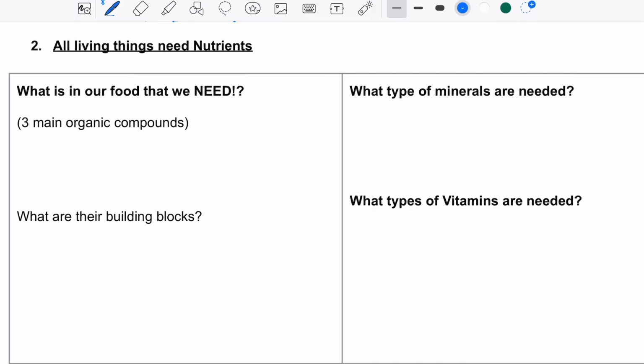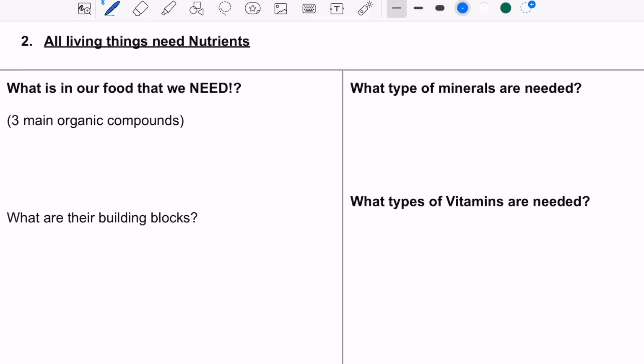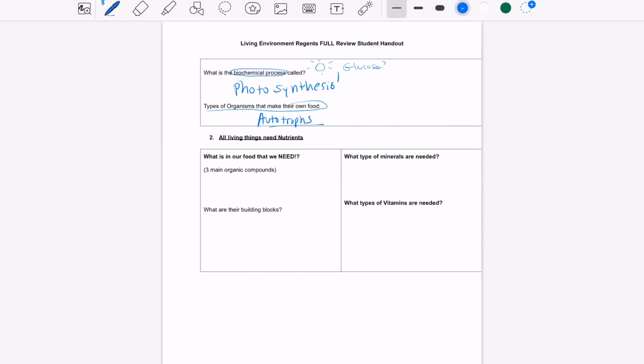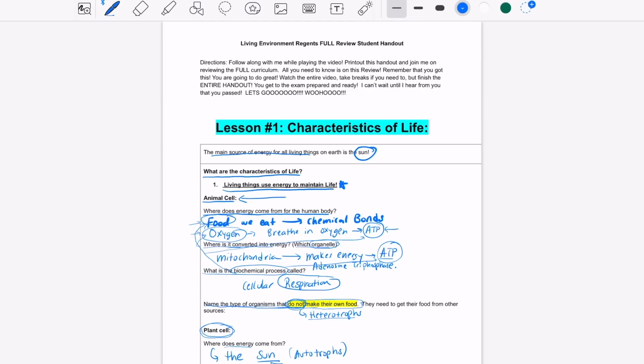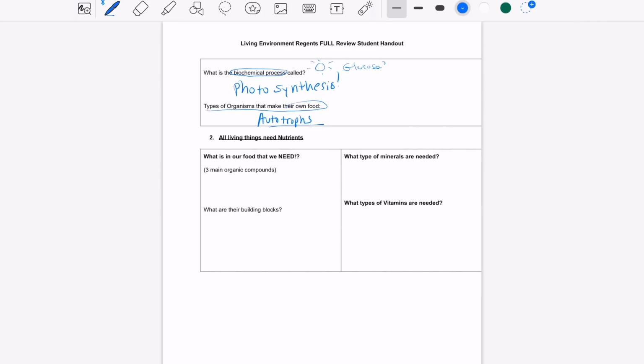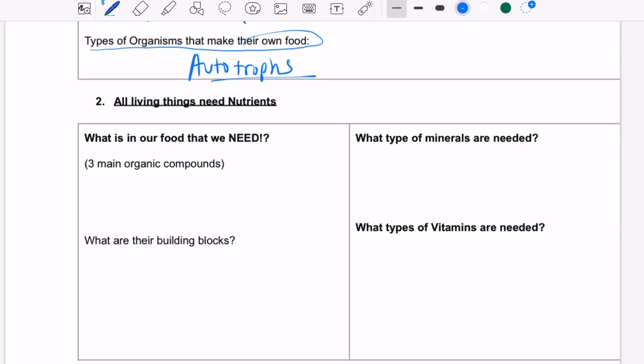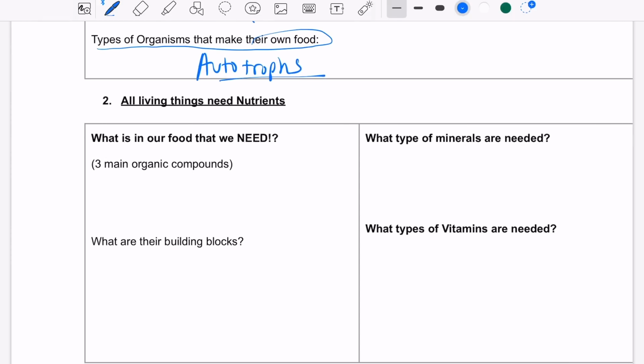So remember, we are talking about what are the characteristics of life. The first one is that all living things make energy, and we just discussed how certain cells make energy. Second characteristic of life, all living things need nutrients.